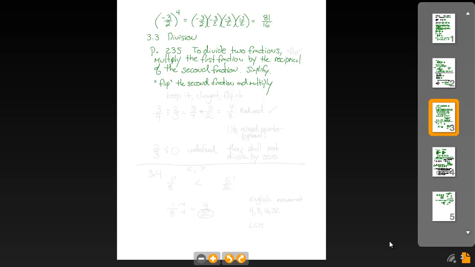And you maybe have heard this before: to divide, flip, and multiply. And that's the way to remember it. And that's really, for us, a good enough synonym for reciprocal. Reciprocal means flip. The way that my last teacher said was keep it, change it, flip it. So you keep the first fraction, change the division into a multiplication, and you flip the second fraction.